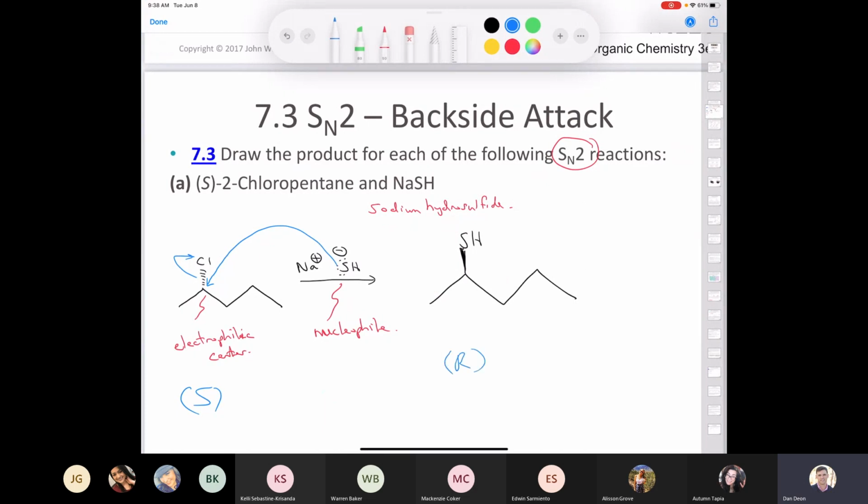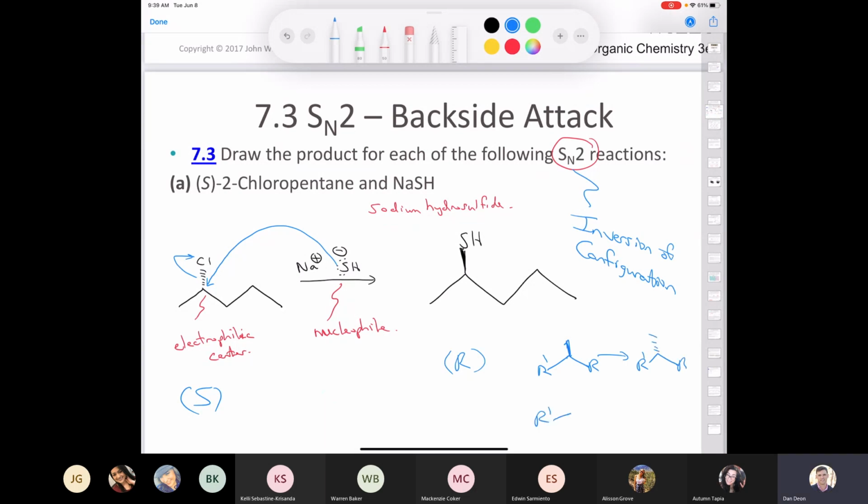Does that help? So remember, the SN2 occurs with inversion of configuration. So that means if you have a wedge, okay, it becomes a dash.